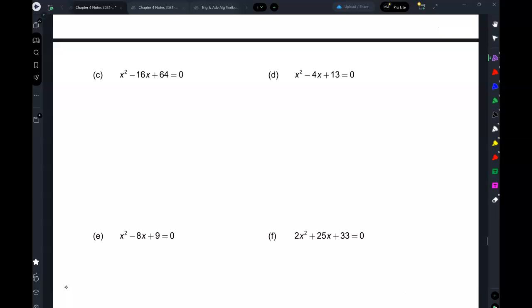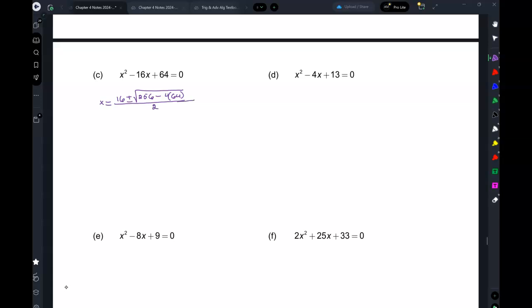Here we go. All right, so x equals negative b. So x equals 16 plus or minus the square root of 16 squared is what? 256 minus 4 times 64 all over 2.